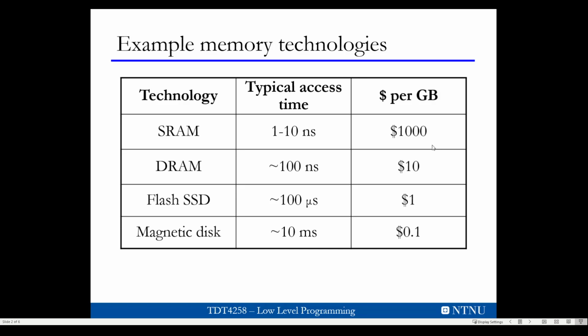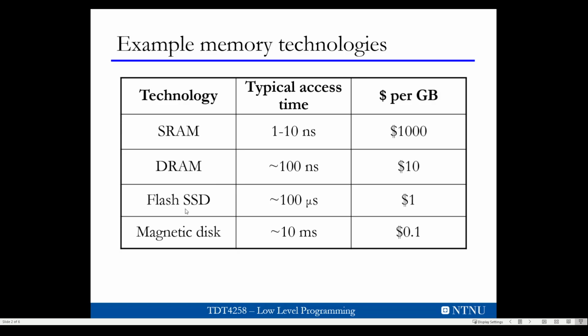SRAM can potentially be used when you need a small amount of memory, somewhere in a few megabytes, but not in gigabytes. Then we have DRAM, which is 10 to 100 times slower than SRAM, but it's also about 100 times cheaper. So if you want to build big memory, it's better to use DRAM because it provides a better trade-off between access time and cost.